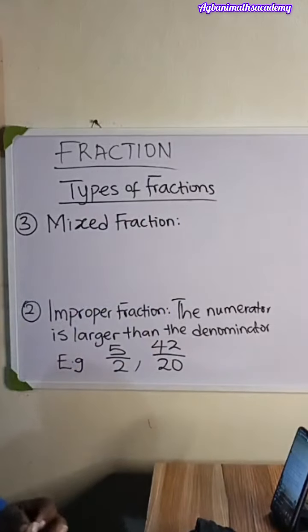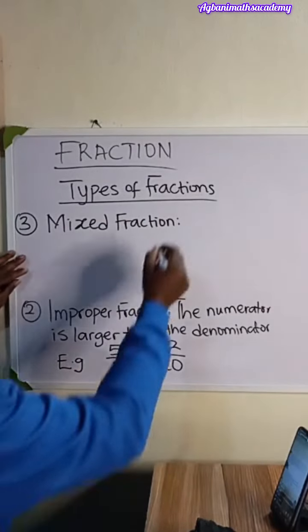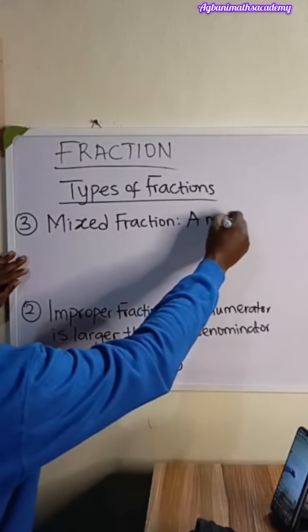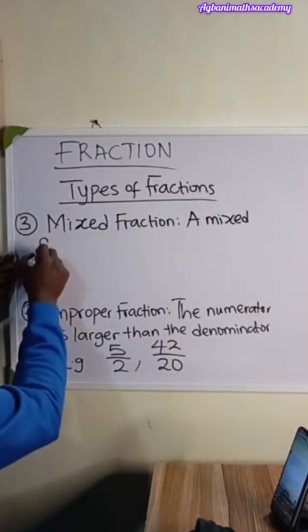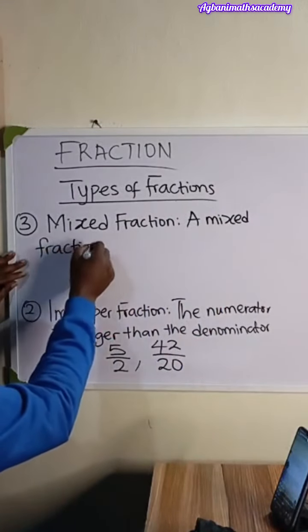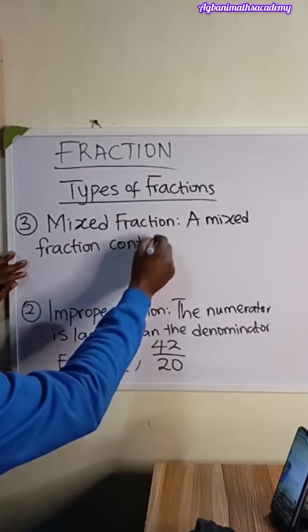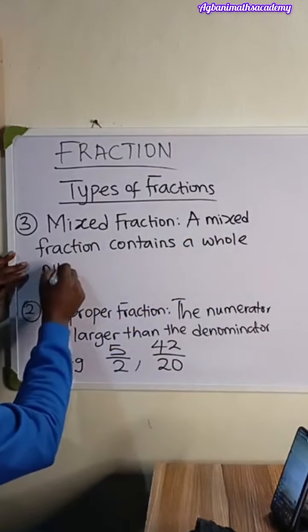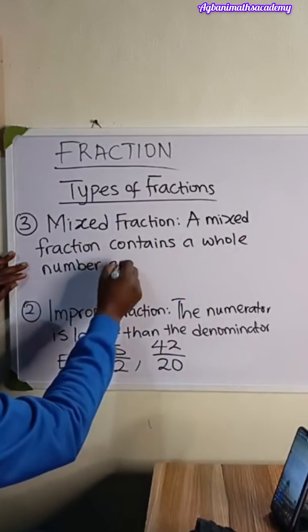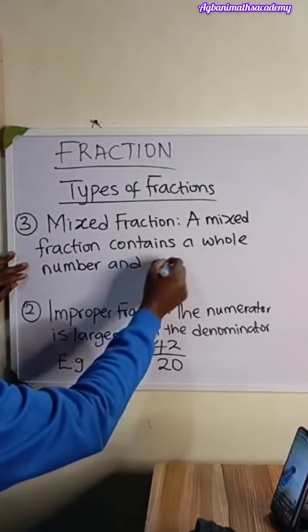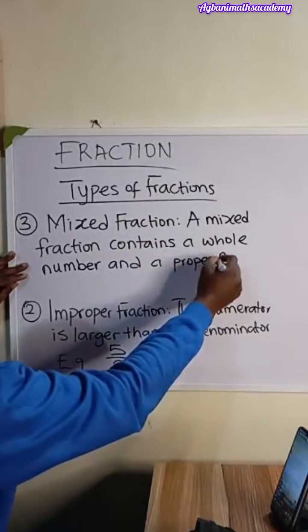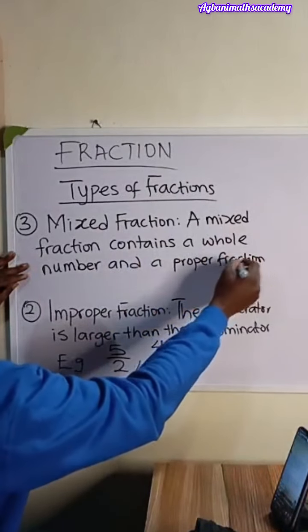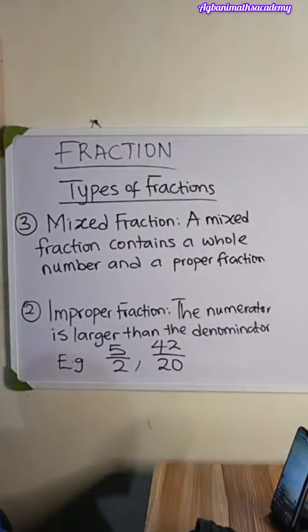So a mixed number contains a whole number and a proper fraction.